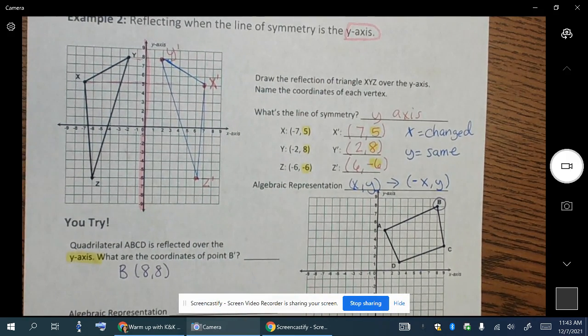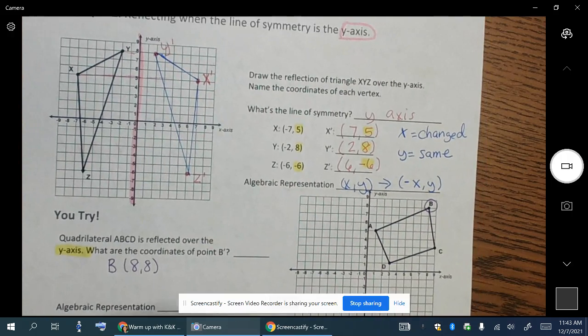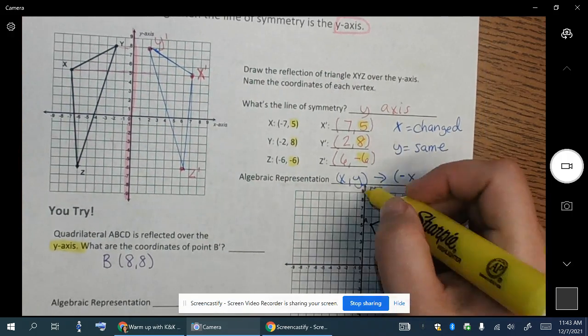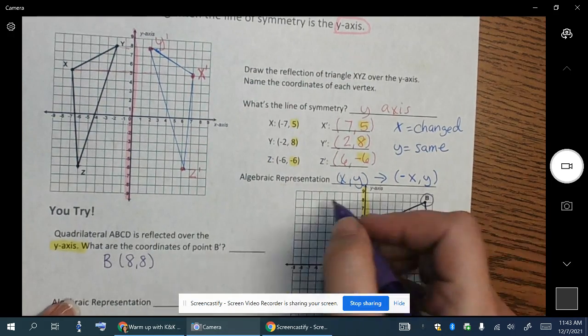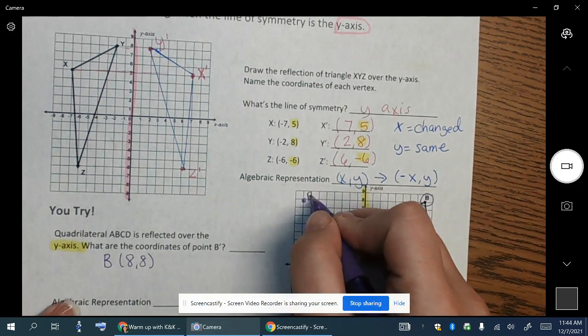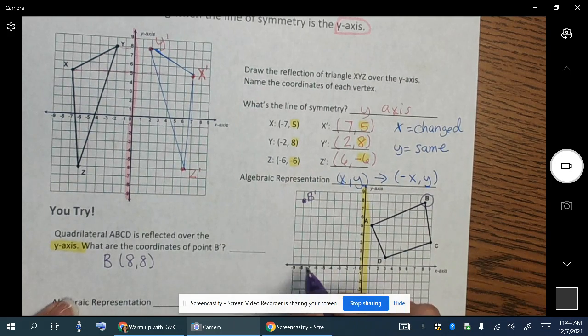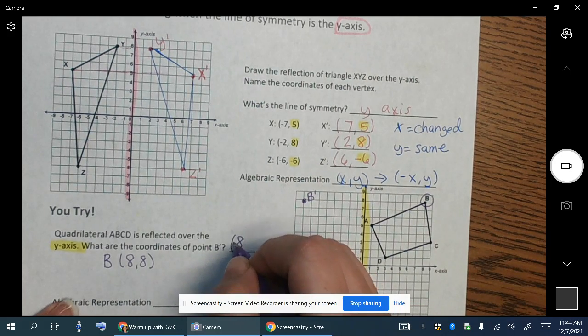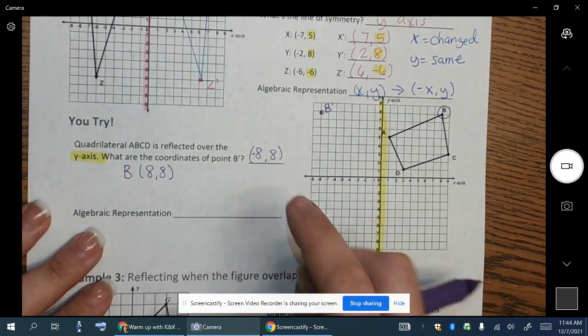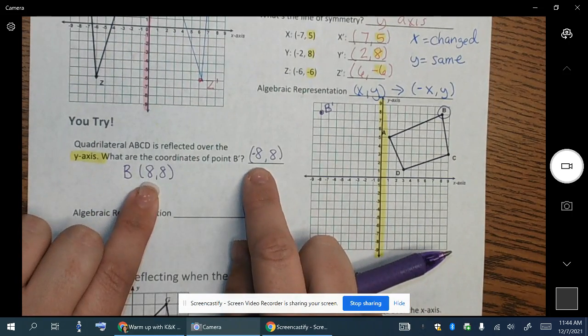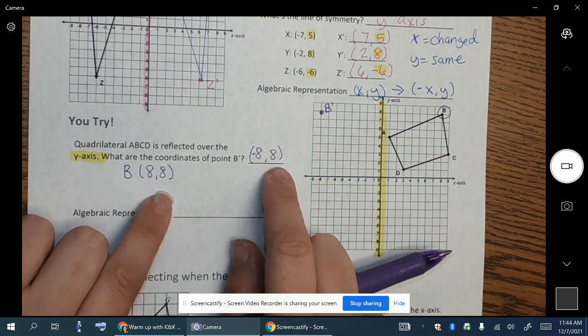And when I put it over the y-axis, what's it going to become? Negative 8. Over here, it becomes negative 8, and then positive 8. And what changed? Just the x. The x changed, y stays the same.